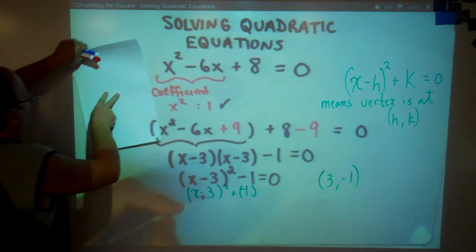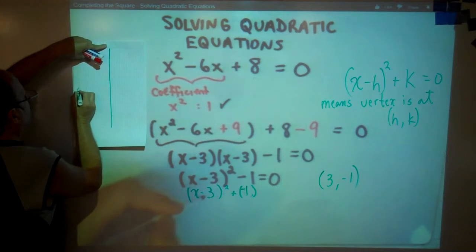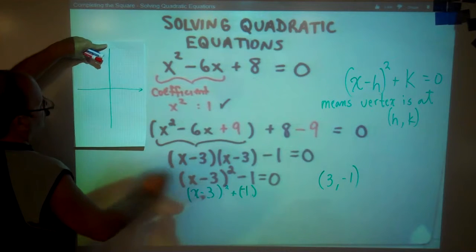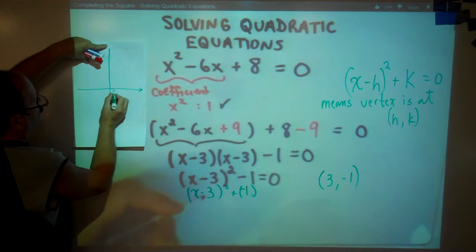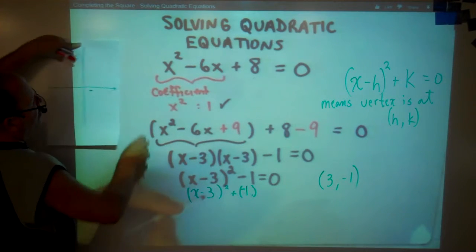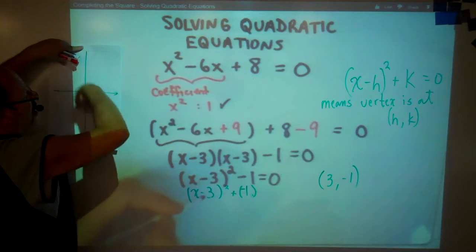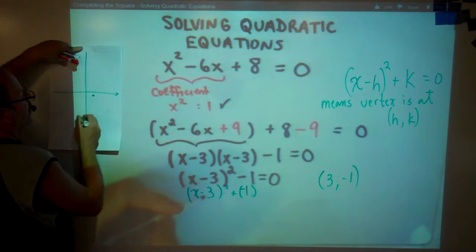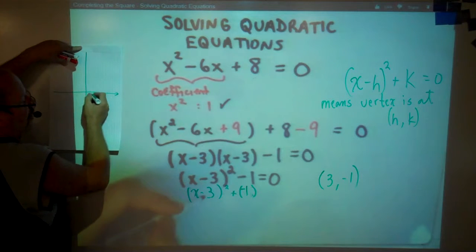we simply have old school technology, we call this graph paper. Okay, so we go over to 3, down 1, there's our vertex, and since the lead coefficient is positive, it opens up, and since the lead coefficient is 1, we can pretty much gauge that it's not going to have much of a stretch to it.